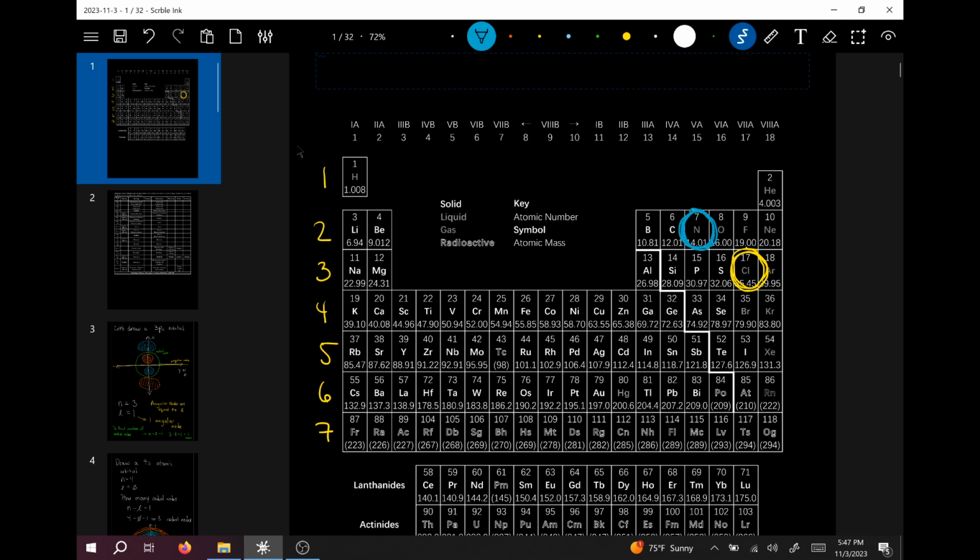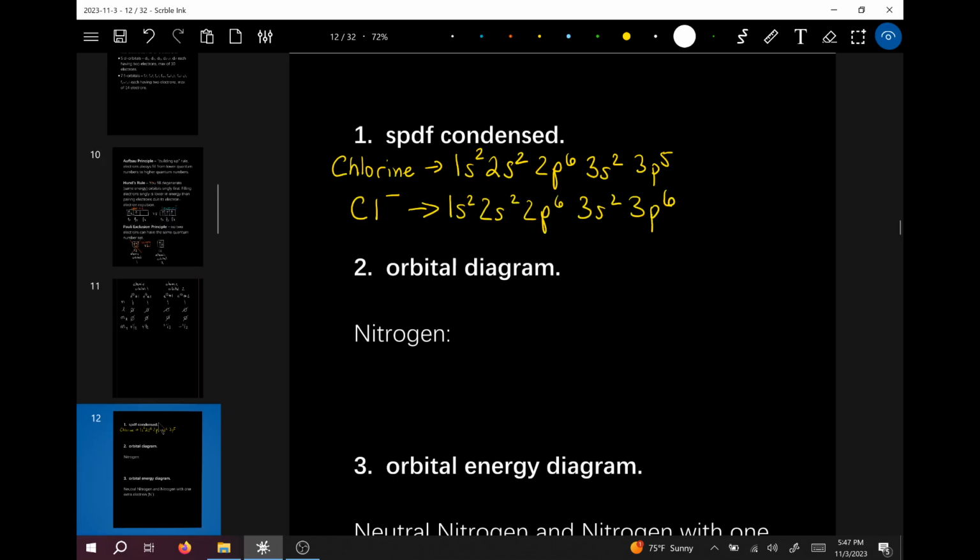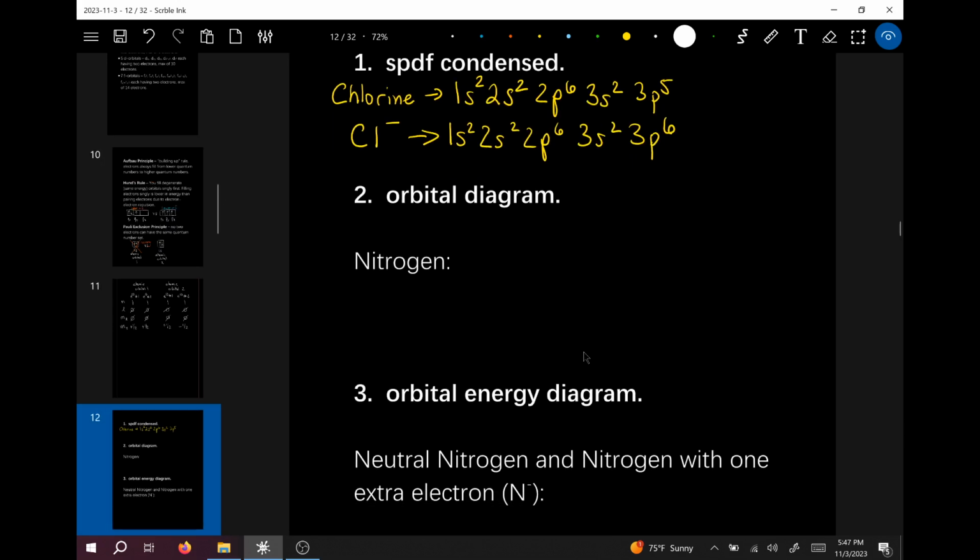Here's nitrogen. It's element number 7. Nitrogen has electrons in a 1s orbital, in a 2s orbital, and in the 2p orbital. So I'm going to represent these orbitals as squares. And on a test, if I were to ask you to write in the information for an orbital diagram, I typically give you the empty skeleton, so you'll get the empty boxes.